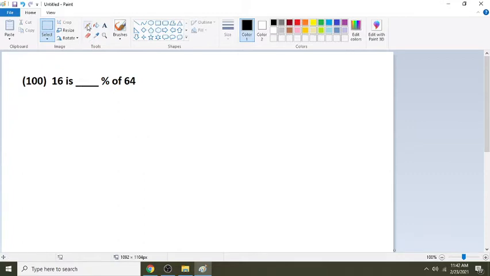So the quickest and most direct way to do this is to divide 16 by 64.